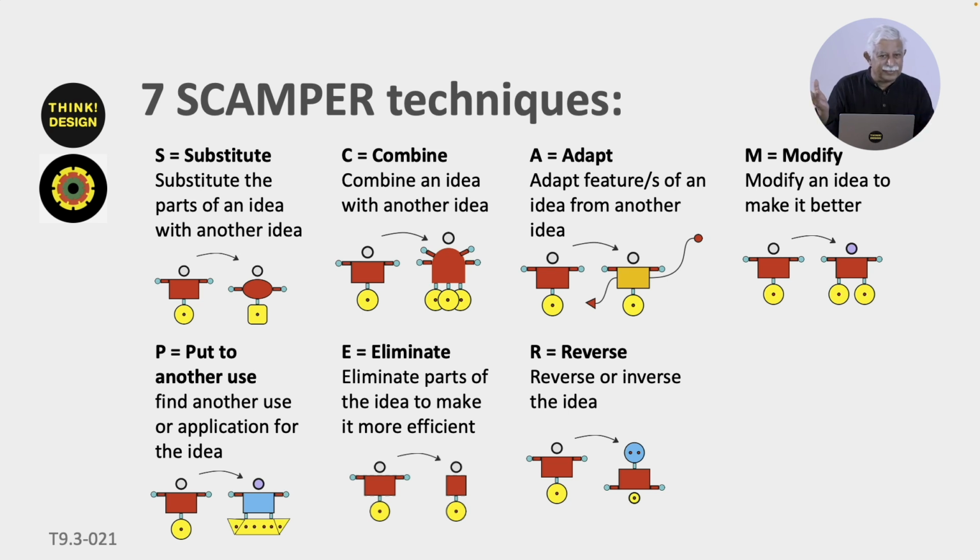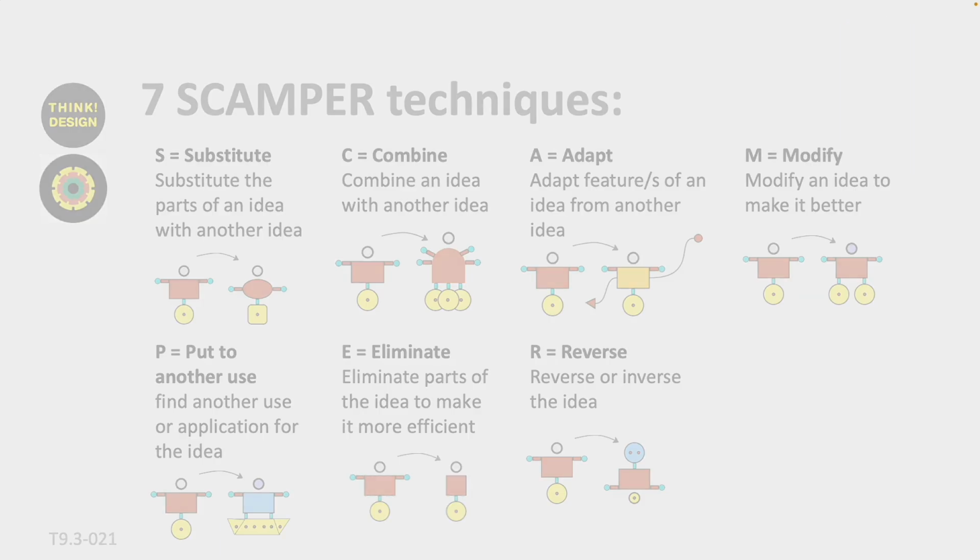Okay, eliminate unnecessary or unusual parts. You made it simpler, and then you reversed an idea. Okay, and suddenly you got another idea over there. Okay, SCAMPER: extremely simple methods, 7 techniques to be creative and come out with many more ideas.